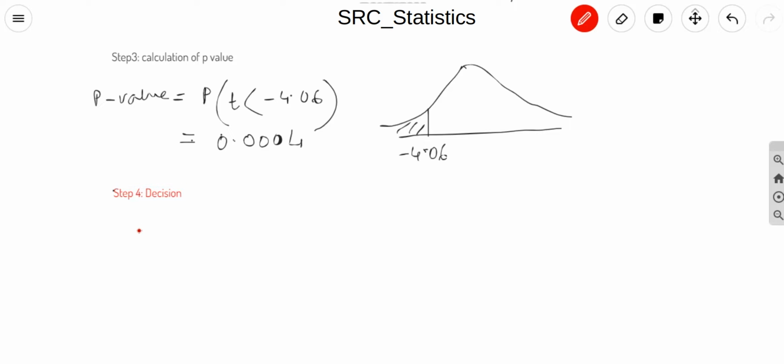So in the p-value approach, how do we come to a decision? We compare the p-value with the level of significance. Okay. Our level of significance here is alpha equal to 0.05, and we can clearly see that p-value is less than 0.05. And whatever be the test, whether it is left tail, right tail or two tail, we compare the p-value with the significance level, and if it is less than the significance level, we reject the null hypothesis.